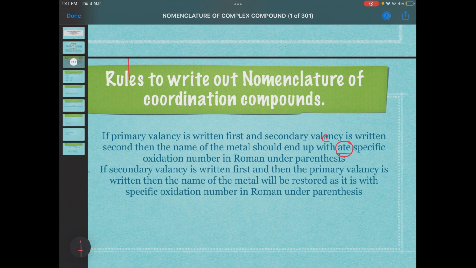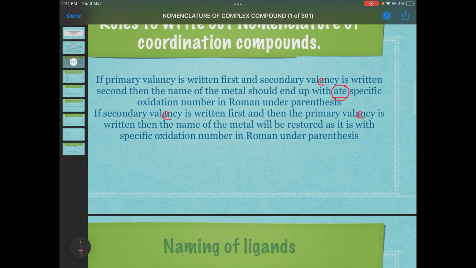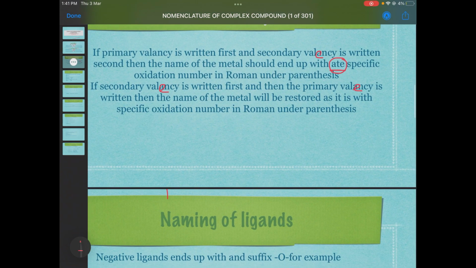On the other hand, if the secondary valency is written first and then the primary valency, the name of the metal will be kept as it is, with the specific oxidation number in Roman numerals in parentheses. So how will I name this one?